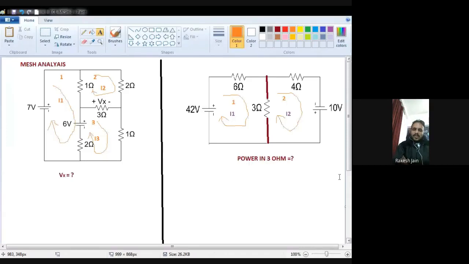Otherwise, if the direction is opposite, write it with a negative sign. So in the 3 ohm resistance, if I write down the equation for the first mesh, my current is I1. If I write down for the second mesh, my current is I2. So whatever mesh equation you are going to write down, take a positive sign with your current always. Okay.